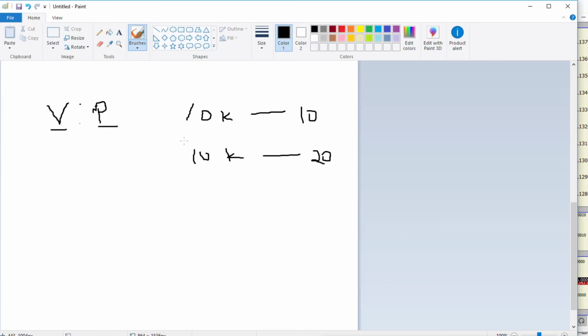Let me explain. Let's say you had 10,000 contracts, and it moves 10 ticks. Now compare this to another wave that has 10,000 contracts but moves 20 ticks, or 20 pips.